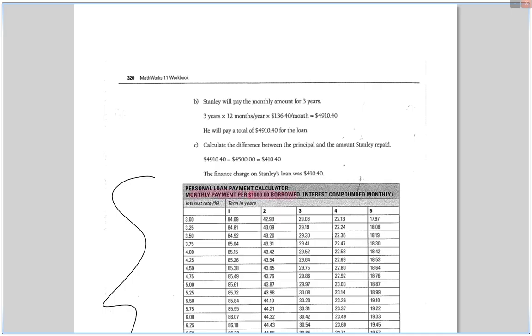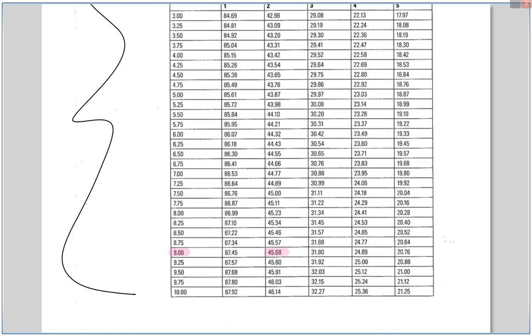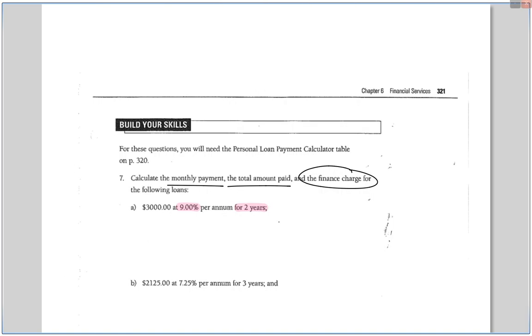So all we have to do here is a little bit of cross multiplication. That 45.68 is how much you would pay monthly if you borrowed $1,000. Clearly here we are borrowing $3,000. So put it over there, and you're going to solve for X, the monthly payment.